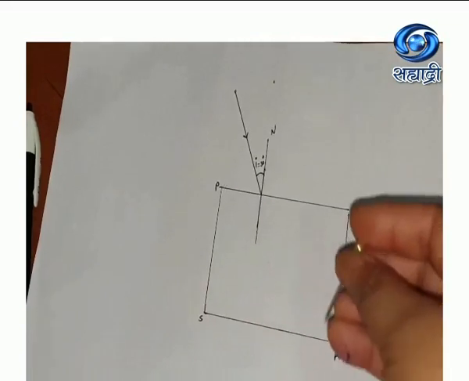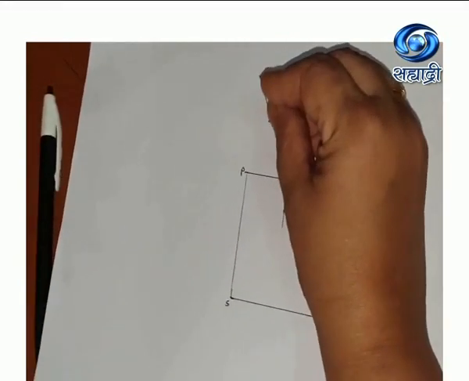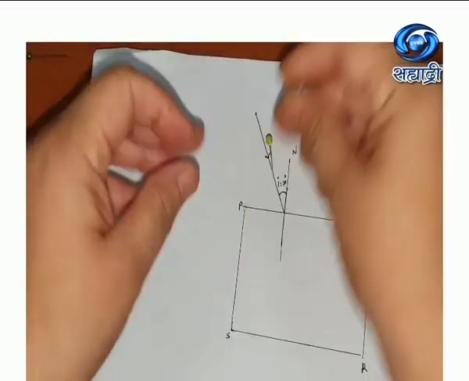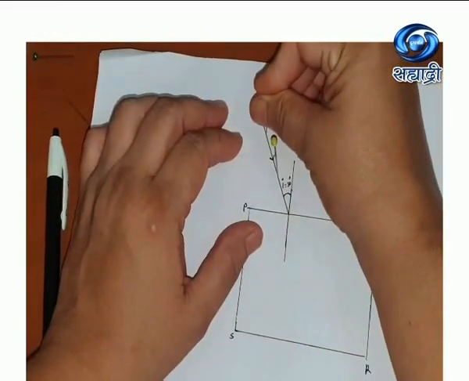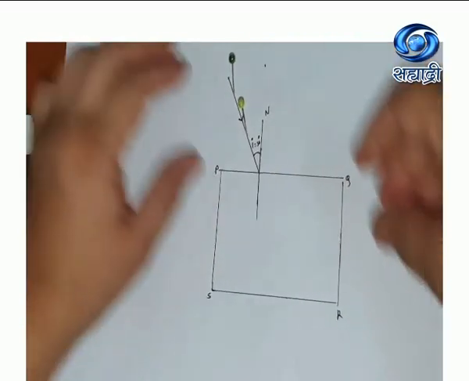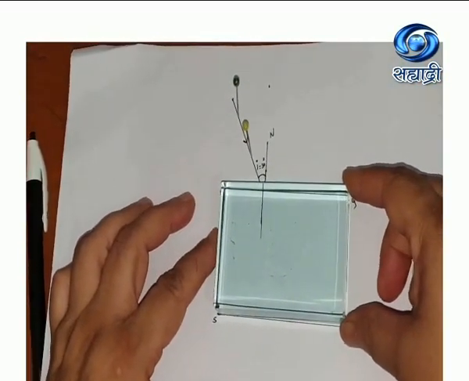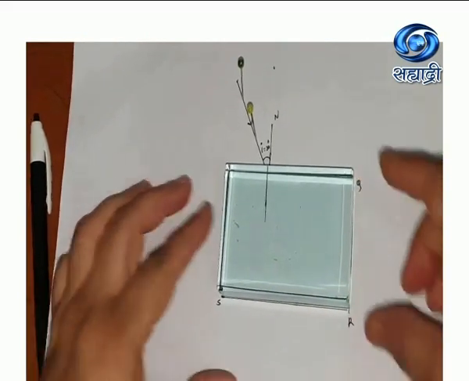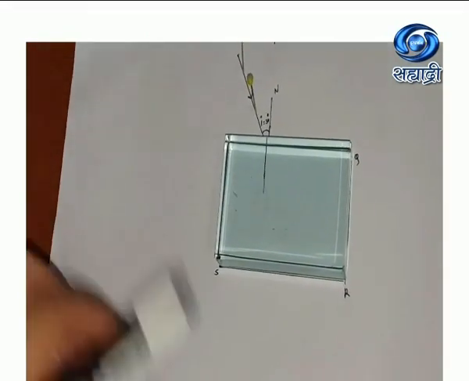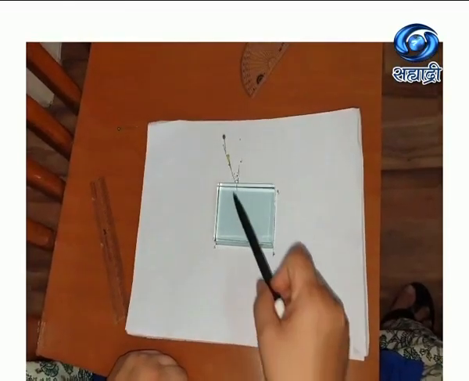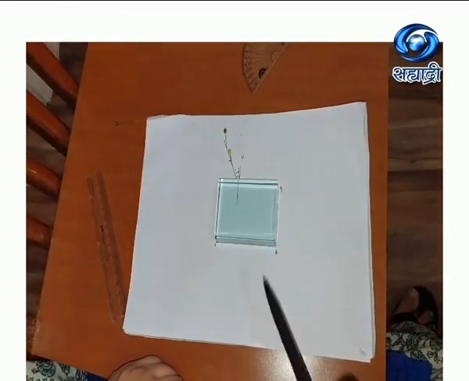Now place 2 pins on this ray and replace the glass slab. Observe from this side and see the straight line.